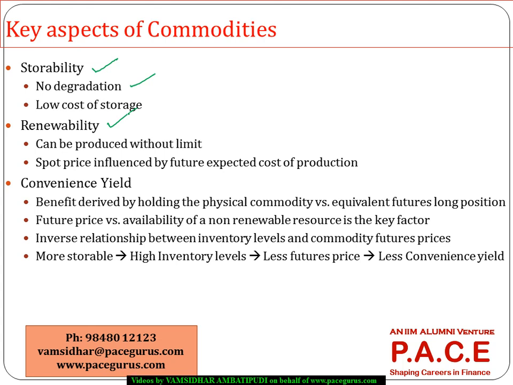Seed gives rise to a crop, and crop contains seeds, and again those seeds give rise to additional crop. Those kind of products typically are called renewable products, renewable commodities, whereas some other commodities once consumed cannot regenerate, they are non-renewable kind of products.